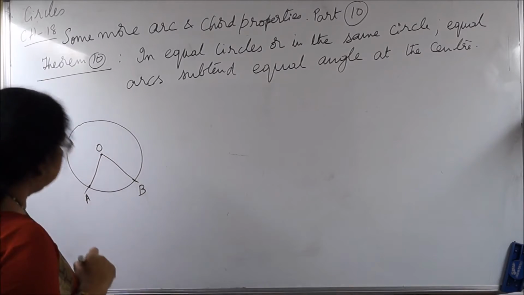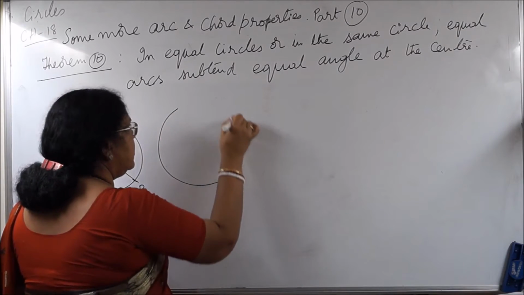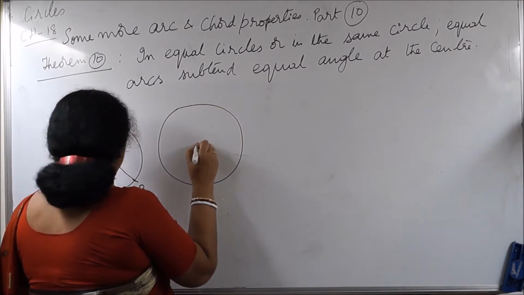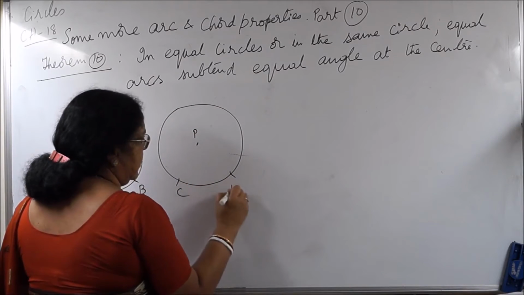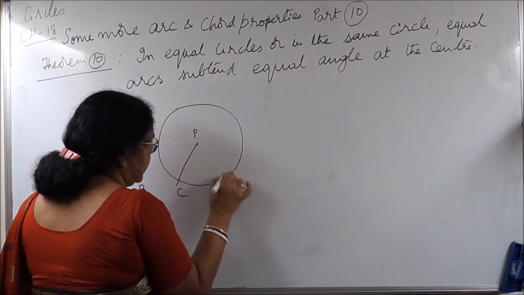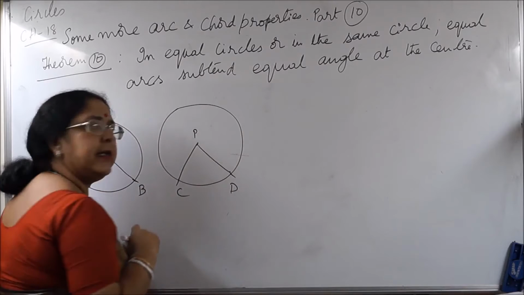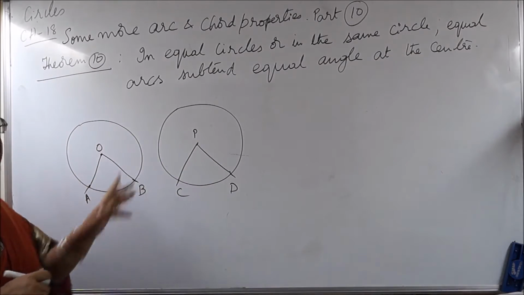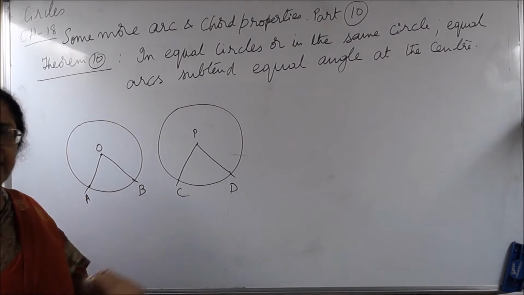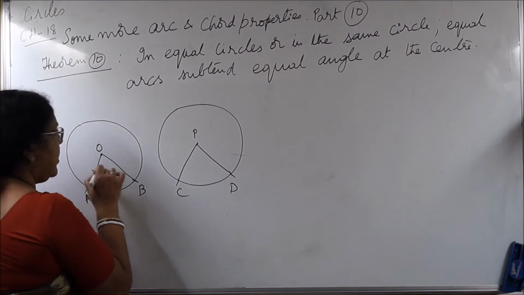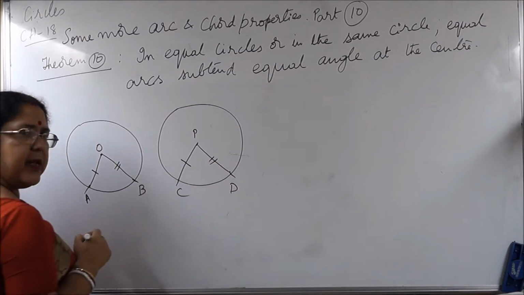Now another circle which is equal to this circle, that is whose radius is equal. So suppose this circle's center is P and CD is an arc which makes an angle CPD at the center. Now these two circles are equal, that means their radii are equal. So that means OA is equal to PC, OB is equal to PD.